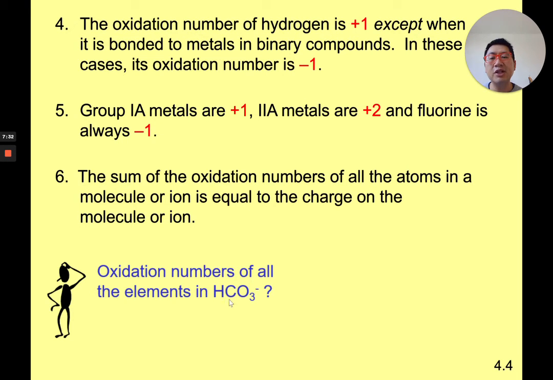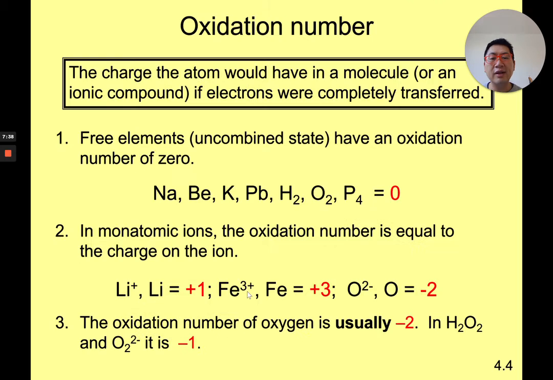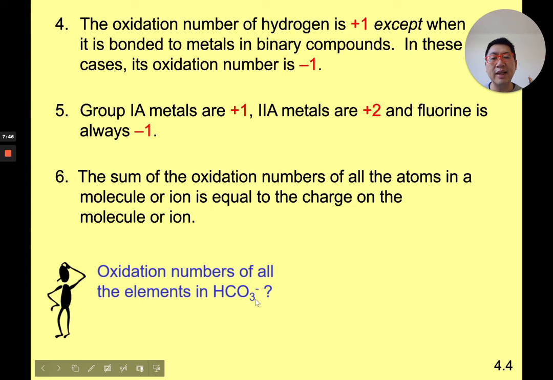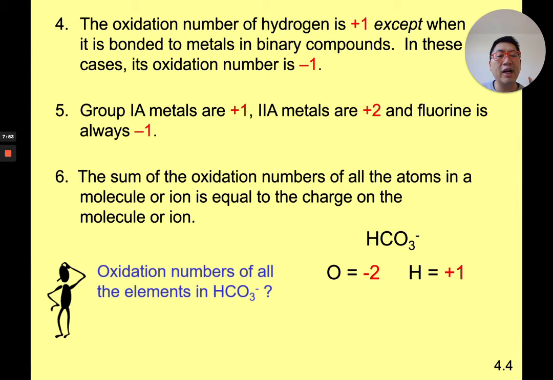Okay, so hydrogen's +1. What about the charge of oxygen there? Well, if I go back for a second, the charge of oxygen is usually -2. So the charge of oxygen is going to be -2. It's not the exception, hydrogen peroxide. So I know in this case, hydrogen's +1 and oxygen's -2.